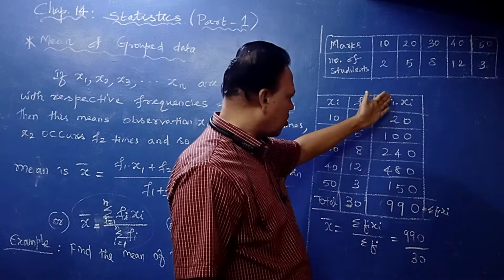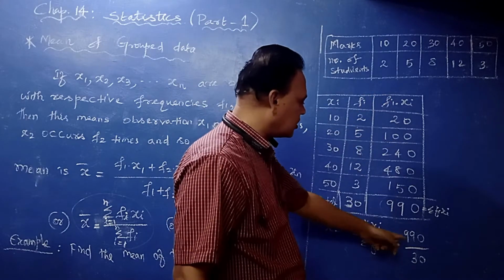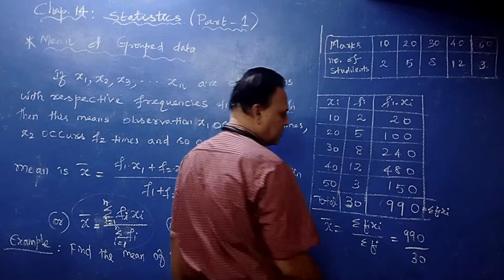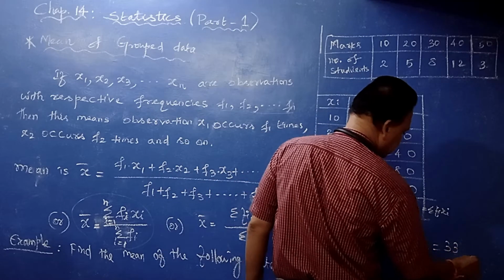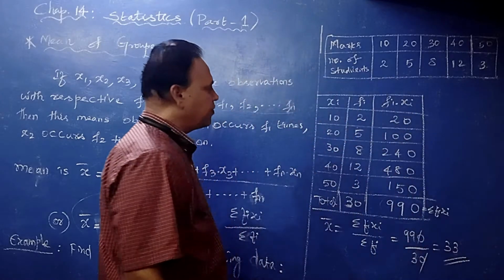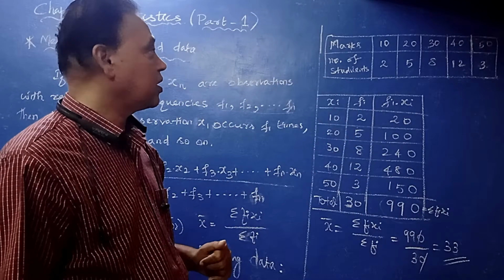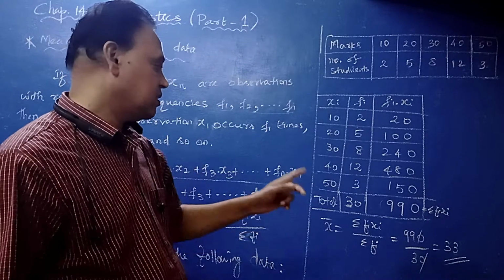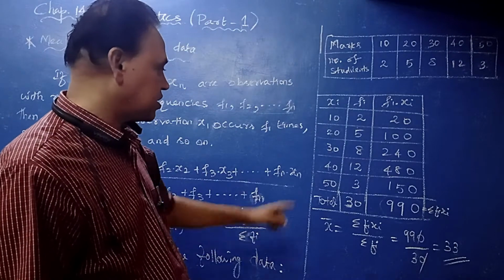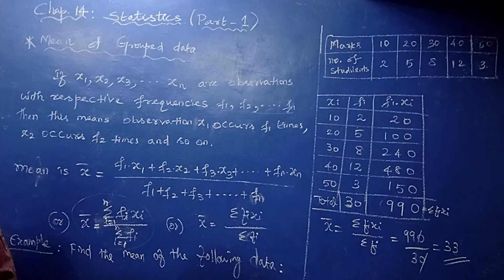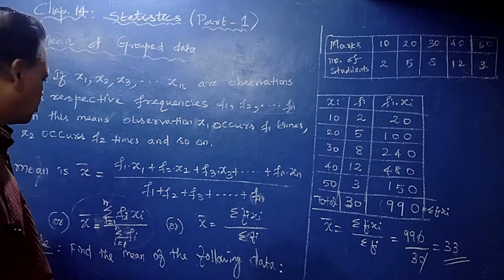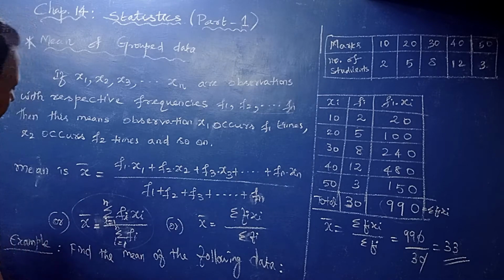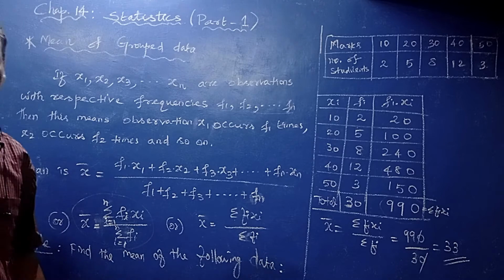Here the total of all fi into xi is 990. So cancel: 3 table, it will go 3 times and 3 times. That is 33. So the average of these marks is 33 for 30 students, right? Like this you have to calculate the mean of grouped data. Clear? For grouped data, this is the formula. Understand? So you have to practice thoroughly.